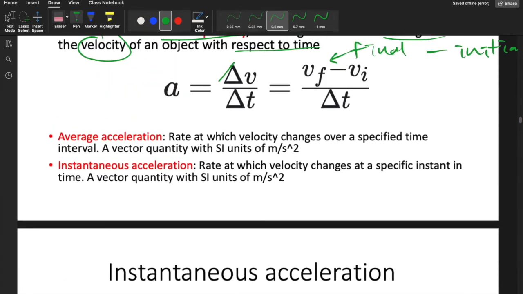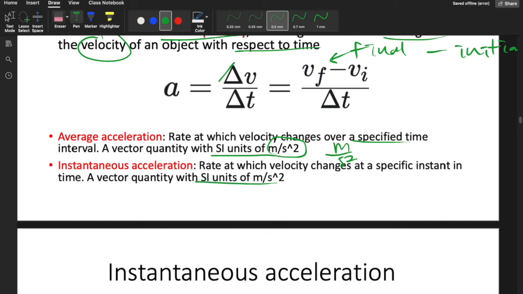Same thing, there's average acceleration, which is the velocity change over a specified time interval, with the SI unit of meters per second squared.